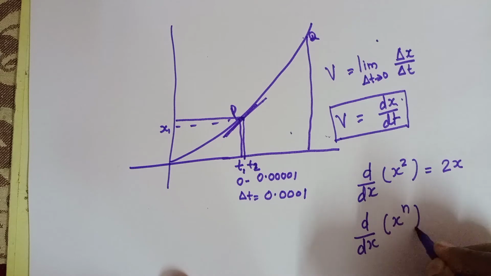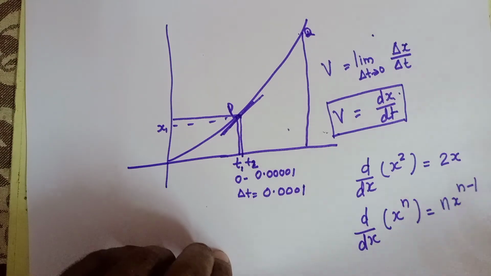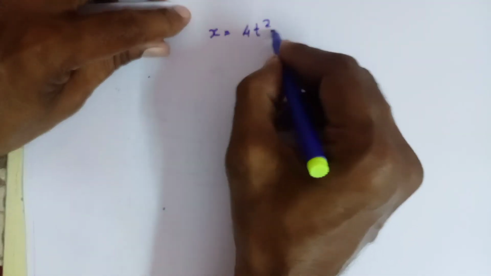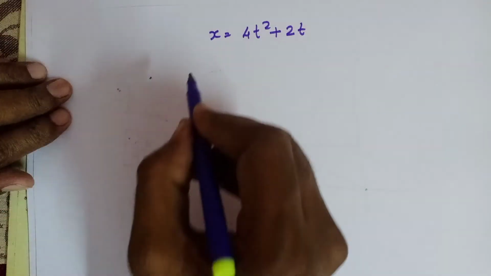The basic formula to calculate differentiation of any function: suppose the function is x to the power n, it will become n x to the power n minus 1. This is the basic formula. Now suppose the function is given like this, x equal to 4t square plus 2t, then what will be the velocity?